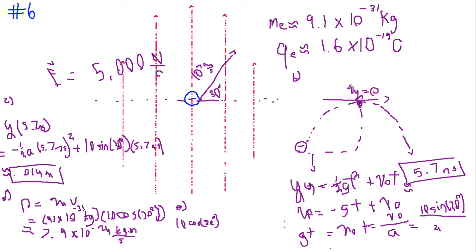Since this is a parabolic path, we just multiply our time by 2, and this will give us the total distance. So it's the horizontal component of the velocity times 2 times 5.7 nanoseconds. And that's going to be approximately 1/10 meters.